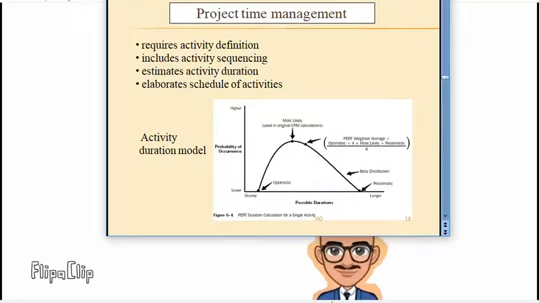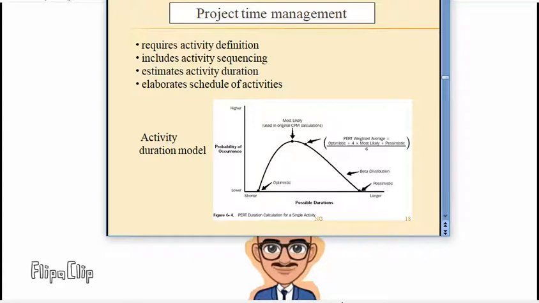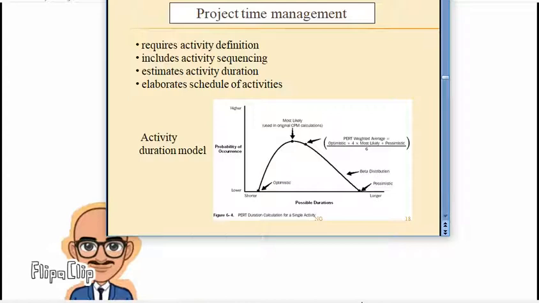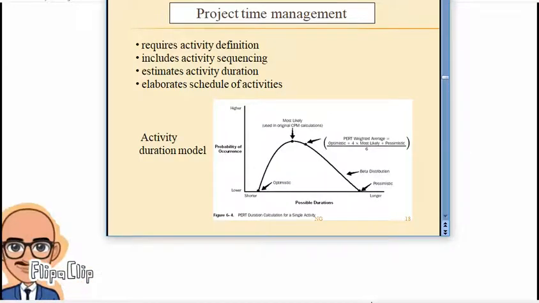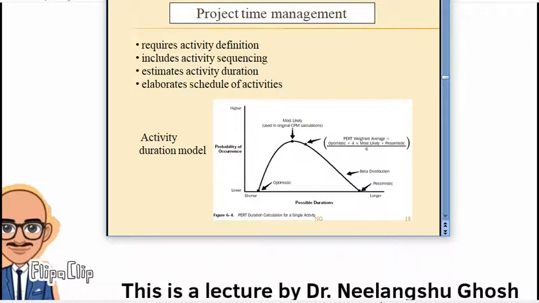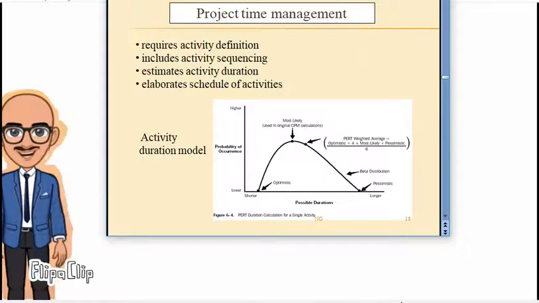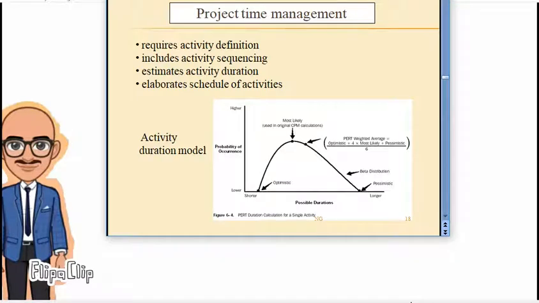So this particular graph shows the activity duration model. Initially the possible durations are shorter, and the probabilities of occurrence are higher.